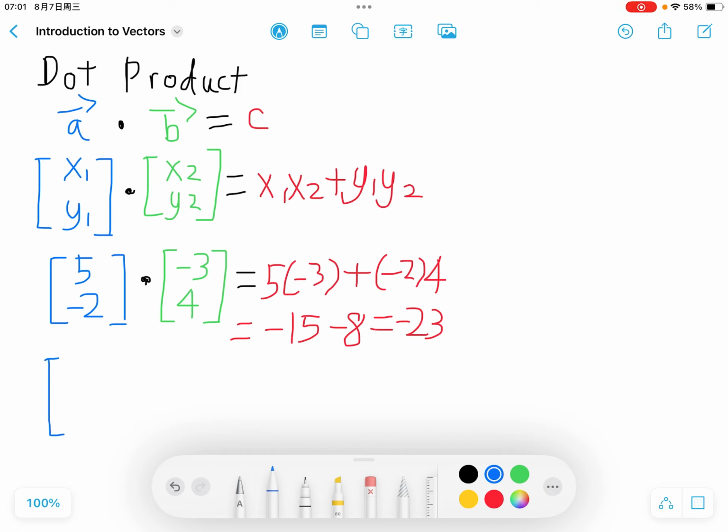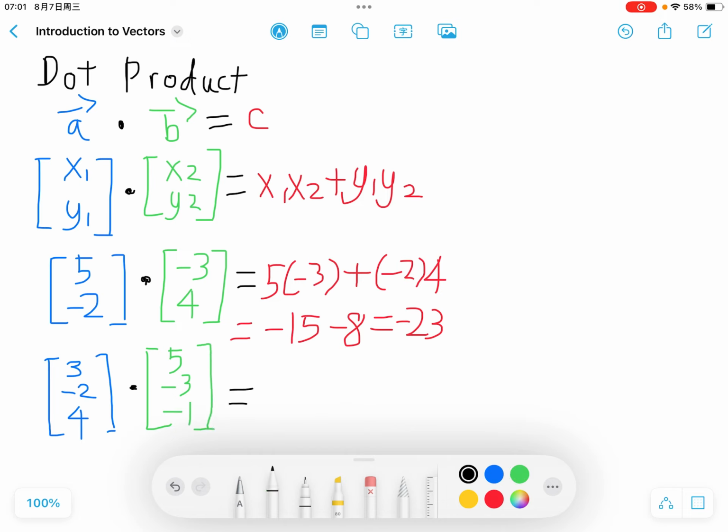So we try another example. Let's say now I want to try three-dimensional vectors. So for three-dimensional vectors, let's just say I have 3, negative 2, and 4 times 5, negative 3, and negative 1.